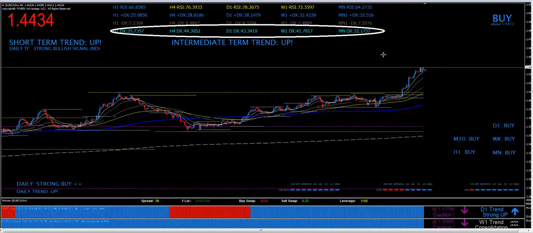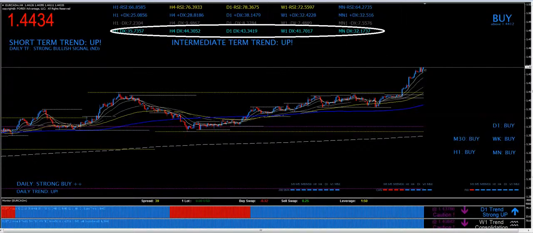I made it aqua, but that's the color it's going to turn. Anything that's over 25 is going to turn aqua. If it's below 25, it'll be gray. So right now, we do have a nice trend going on over here for the Euro CAD pair.